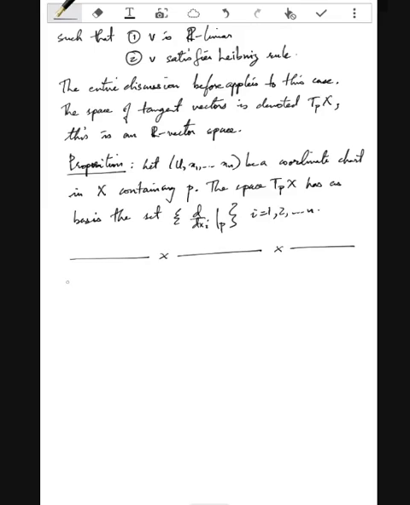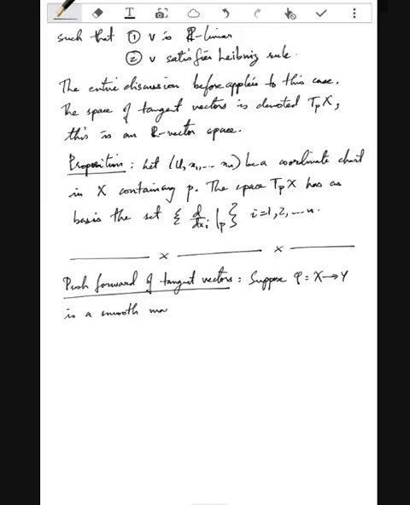So now let's define an operation called push forward of tangent vectors. So what we want to do is, suppose phi from X to Y is a smooth map between smooth manifolds.